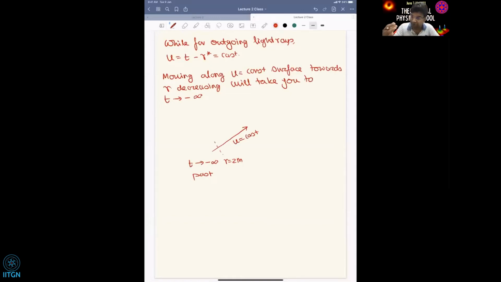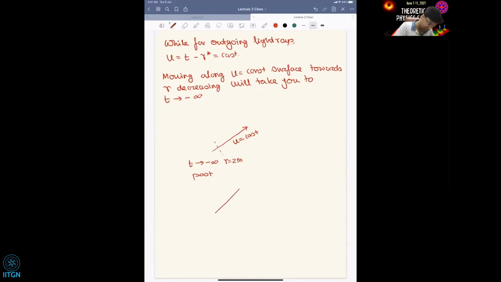The past of the outgoing light rays is again inside r less than 2m, but it is coming from the distant past. So by using ingoing and outgoing light rays, while entering into r less than 2m, you are actually entering into a different region in space-time. You have discovered a completely different region in space-time.